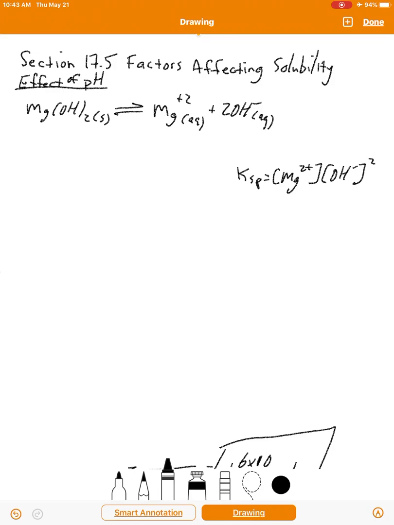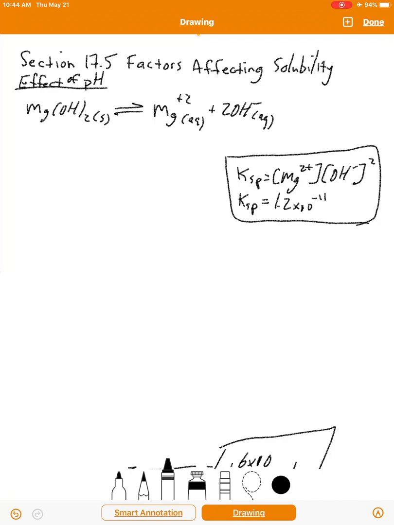Is that right? And if we look the value up in the table, we'll find that it's 1.2 times 10 to the minus 11.